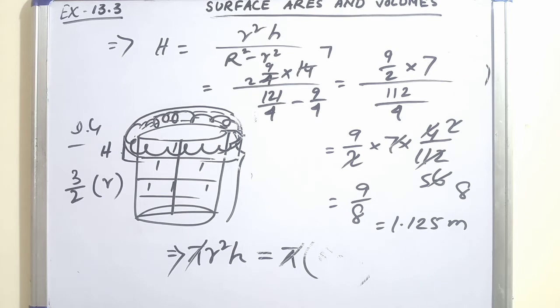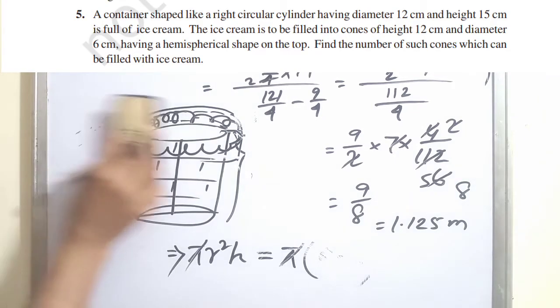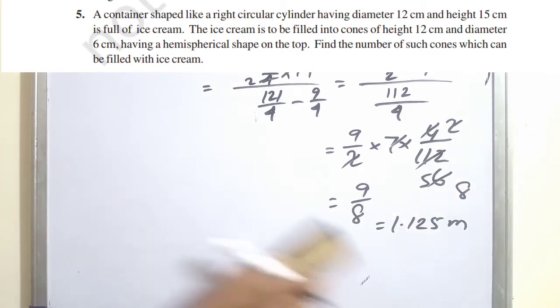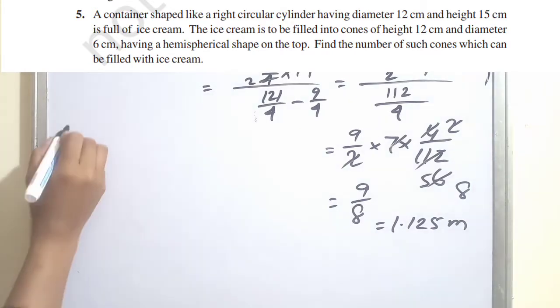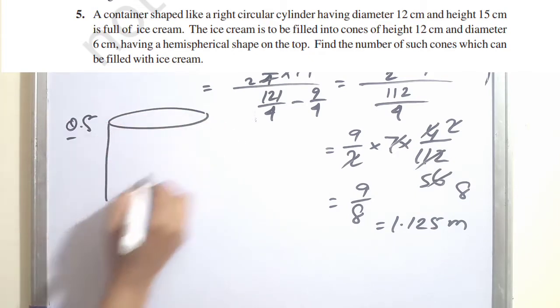Now next question, question number 5. A container shaped like a right circular cylinder having diameter 12 centimeter and height 15 centimeter is full of ice cream. Suppose this is a container.